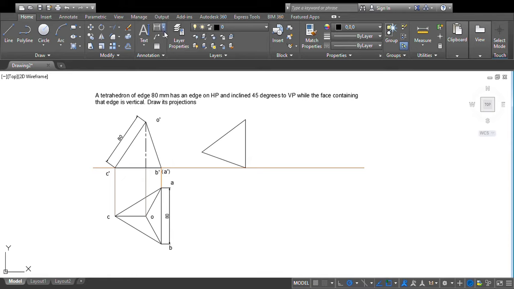So this length, this angle, 71 degrees, this also is 71 degrees. So 71 degrees I am getting, and this is 71 degrees, and this is 69.